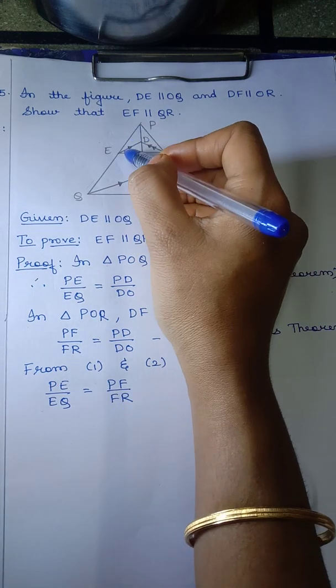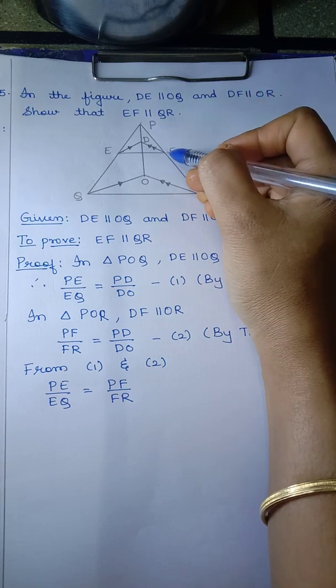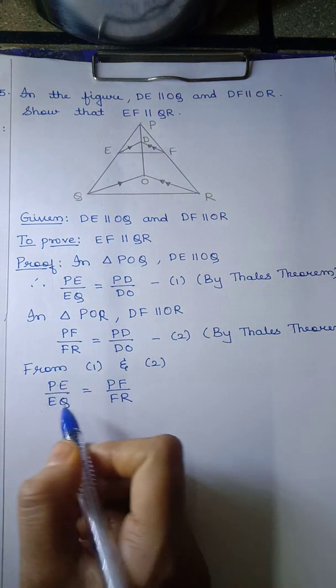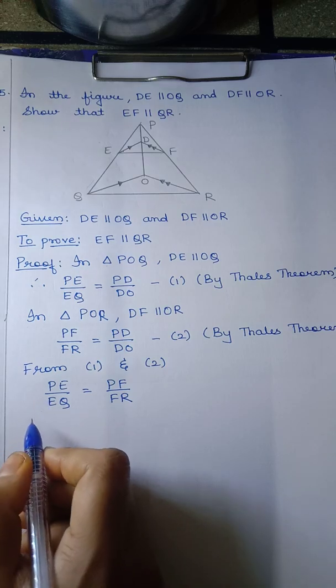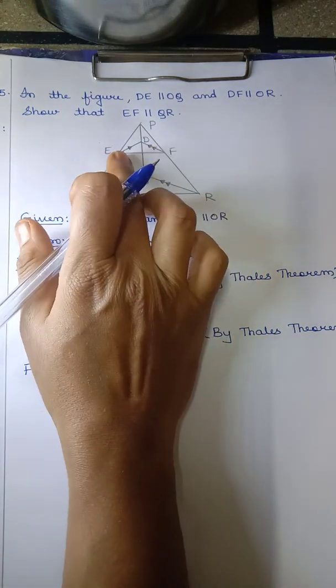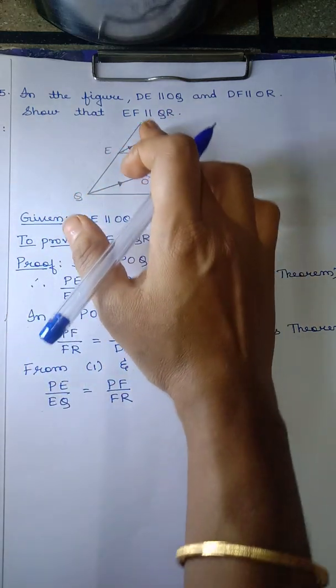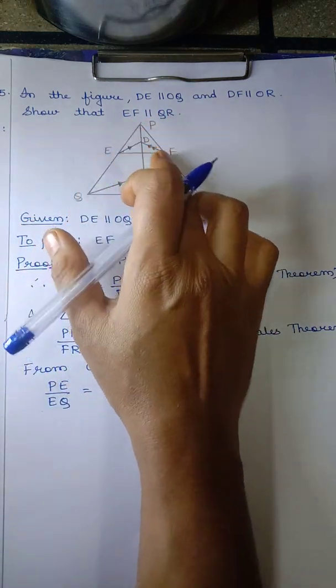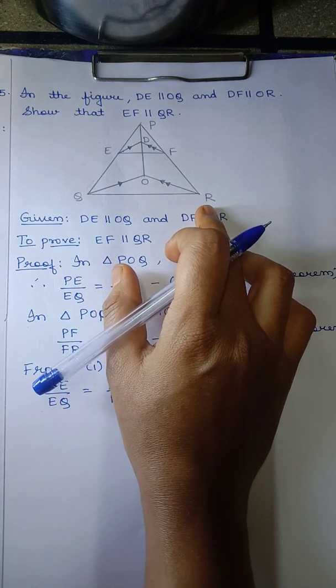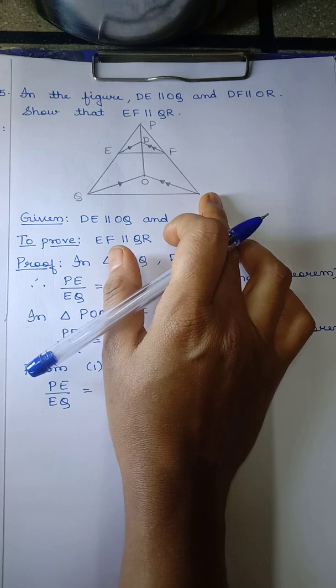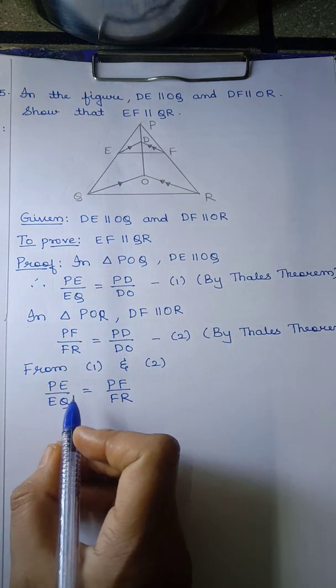Okay, so you got PE upon EQ is equals to PF upon FR. Okay, so this shows that E and F are two distinct points on the line PQ and PR respectively, and also we got PE by EQ is equals to PF by FR. So therefore EF line will be parallel to QR by converse of Thales theorem.